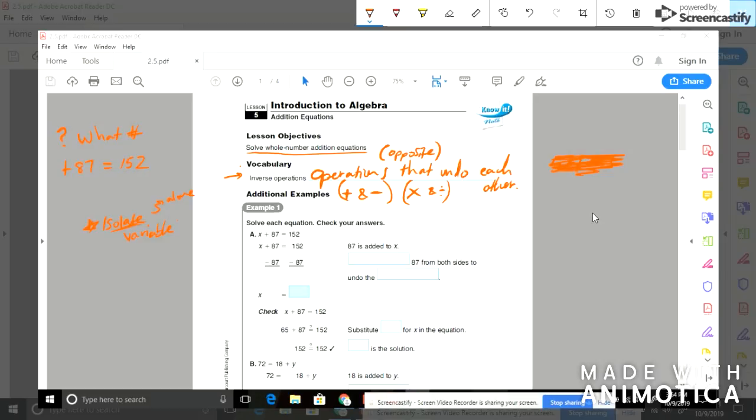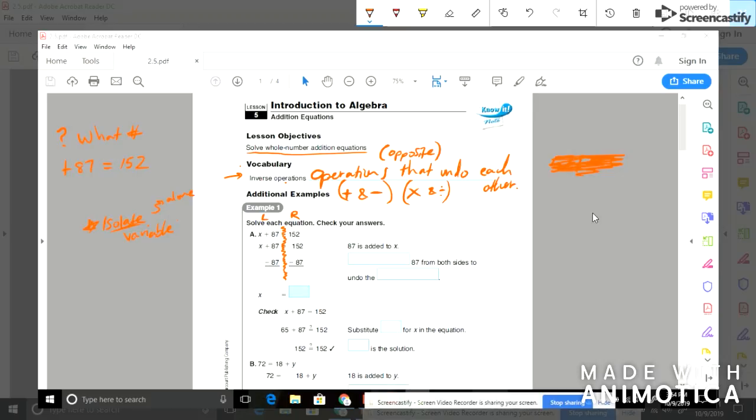The other useful thing that I like to do is split my equation at the equal sign. So I have a left side and I have a right side. I can see that on my left-hand side, x is being added to 87. So to isolate my variable, or to just get x all alone, I need to do the inverse operation.